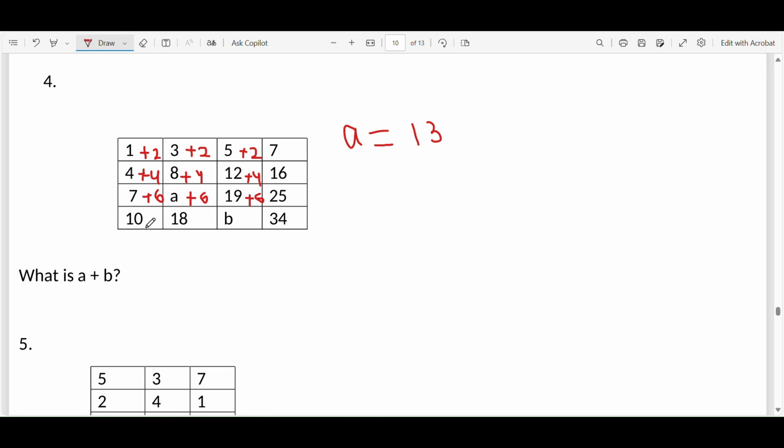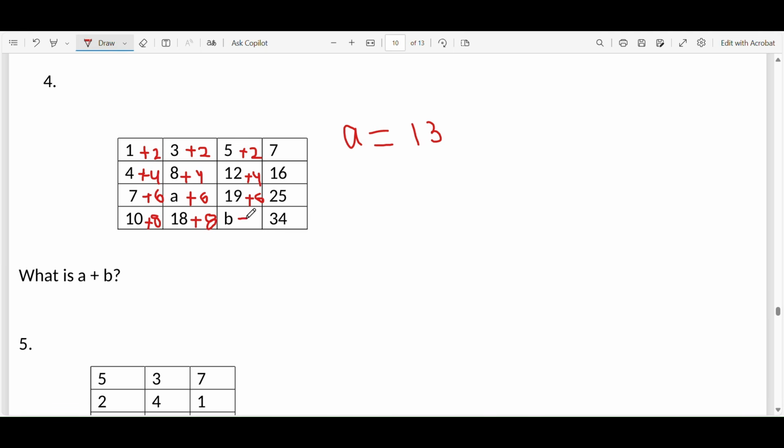Let's see the next line. 10, by seeing this, 2, 2 plus 2 will give you 4, 4 plus 2 will give you 6, and 6 plus 2 will give you 8 here. And when you see like this also, 10 plus 8 will give you 18, so it is the addition of 8 for every number that will give you the next number.